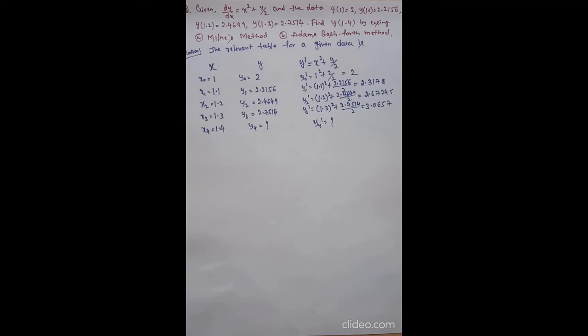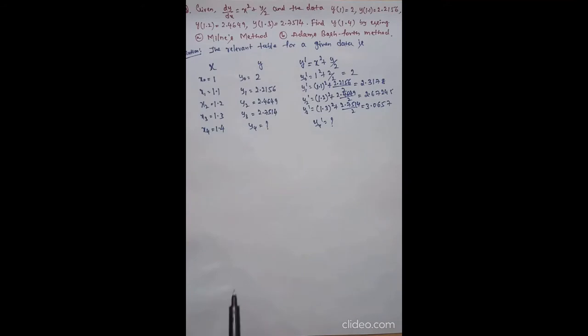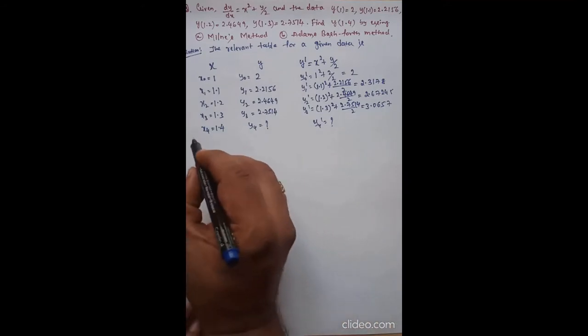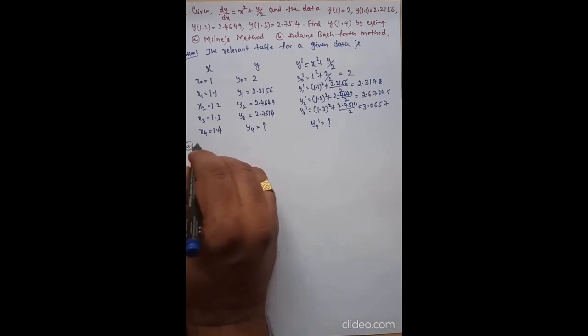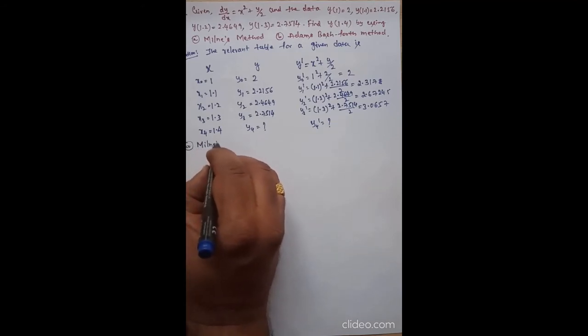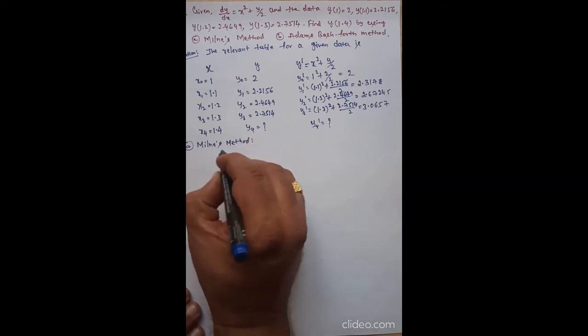So now once the table is over, let us start applying a method. Here in the problem they said first apply Milne's method. So let us solve by using Milne's method first. I'll write A, Milne's method. Right.